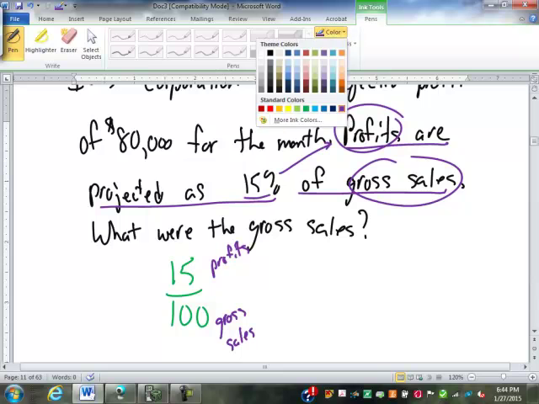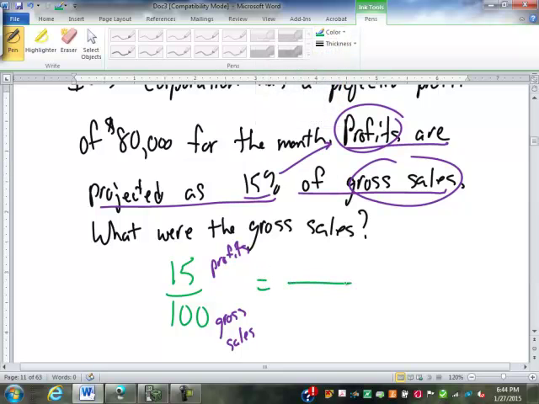This is why I love using the proportion in word problems, because now I know where the numbers have to go on the other side here. Since the 15 represents profits, whatever goes over here better represent profits. The 100 represents gross sales. Whatever goes over here has to represent gross sales. Well, what other number do we have in this problem? 80,000. Does that represent gross sales or profits? Profits. So it's going to go here.